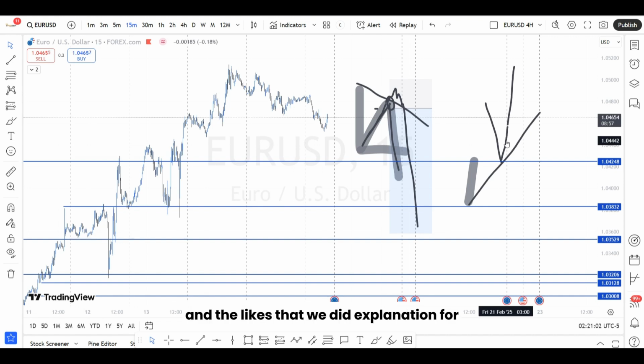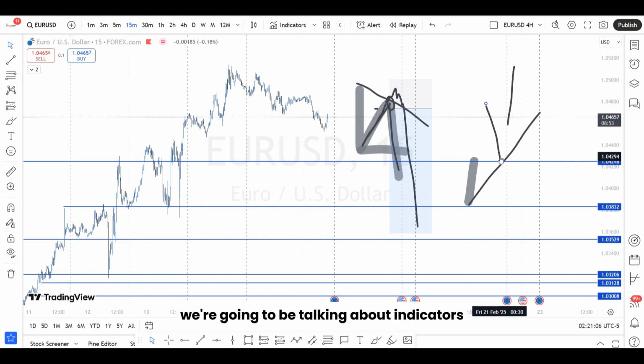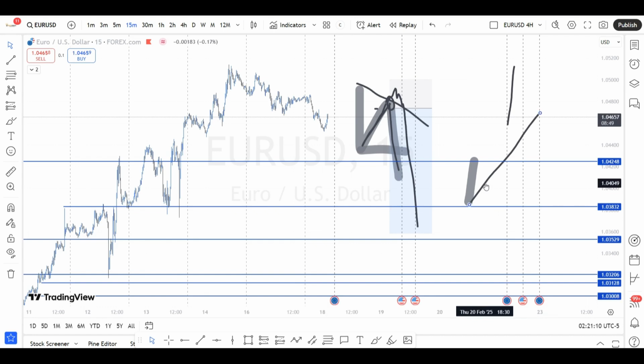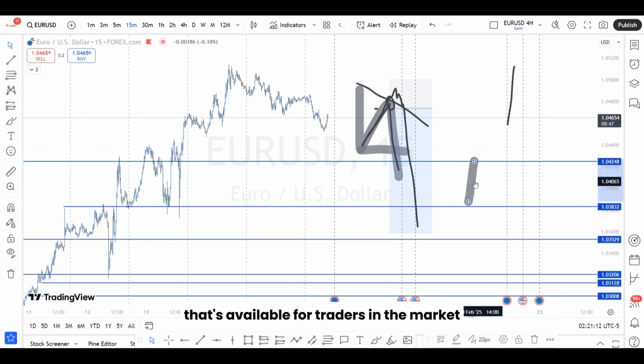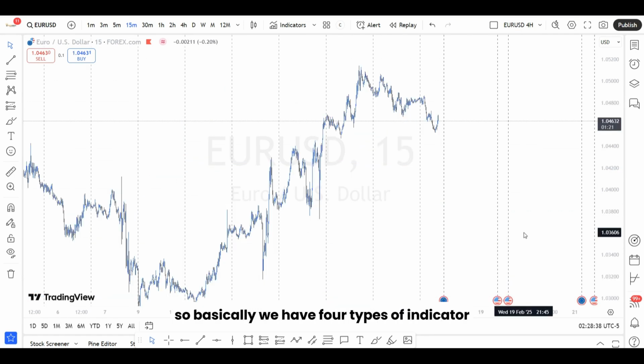So today we're going to be talking about indicators and the various types of indicators that are available for traders in the market. Basically we have 4 types of indicator, and I'm going to give you them one after the other and explain them for you here in the market.